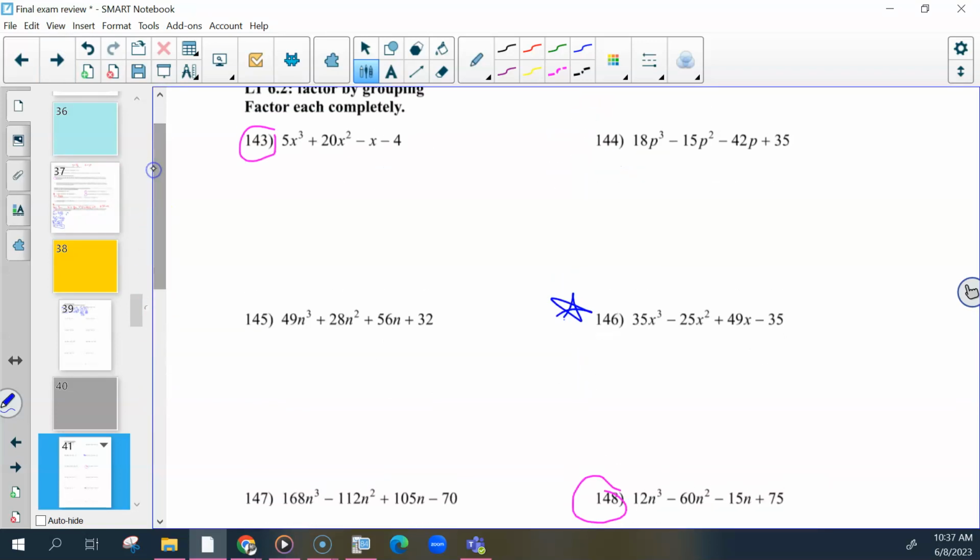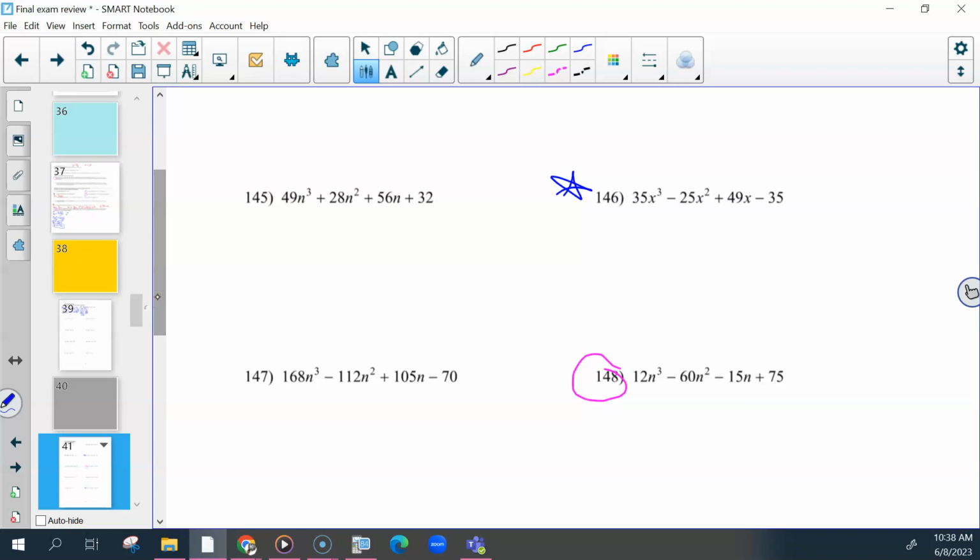That may be the case, that may not be the case. For this one, I know we can divide 35 by 1, by 5, by 7, but 25 isn't divisible by 7. So not a GCF for everything. Split this down the middle and find the GCF of just the first 2. 5 is the GCF.